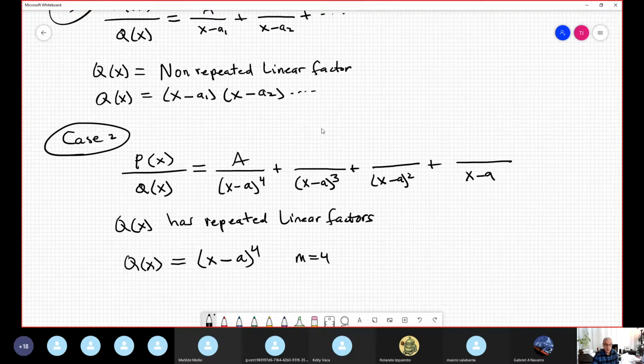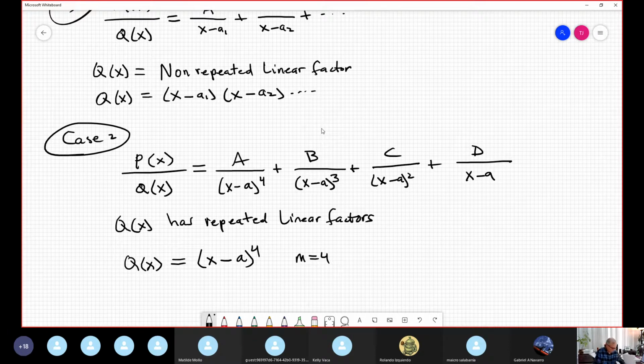And you have A, B, C, and D. The proof of this is very complicated. You don't need to know it. You apply the rule: when there is multiplicity, you repeat. You will see in the example the combination of repeated and non-repeated factors. I promise.